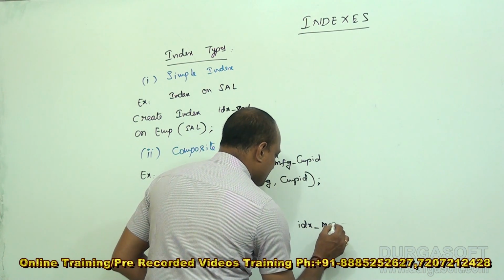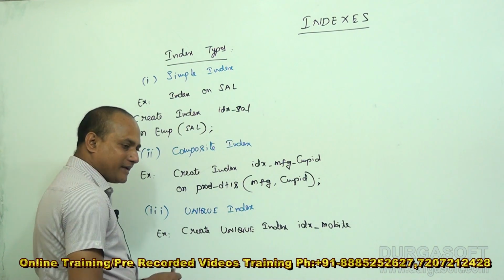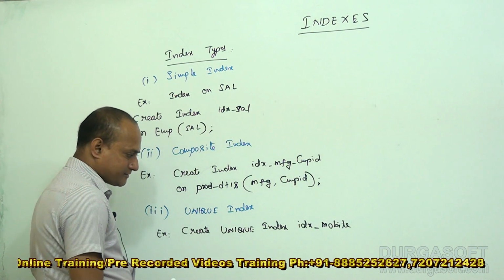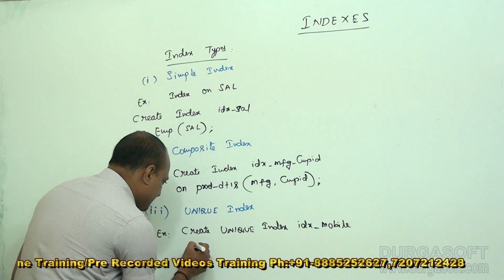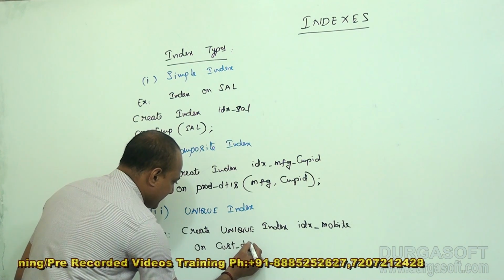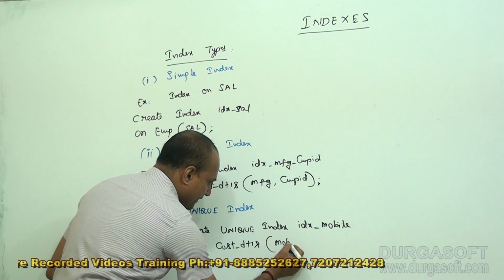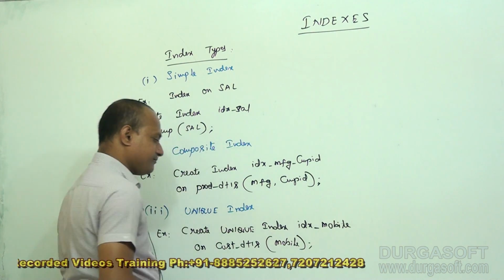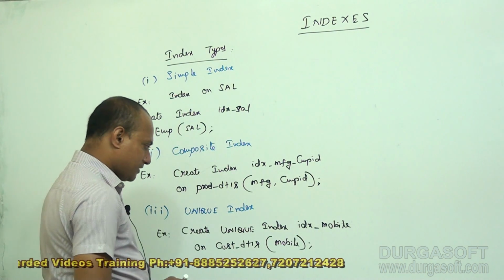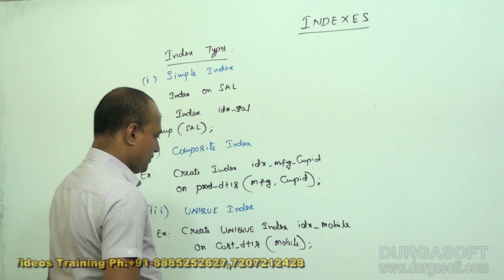Here I am creating an index on the mobile number column. Mobile number should be unique for each customer. And what is the table name? Customer details. And what is the column name? Mobile. On the mobile number column, you are creating a unique index.